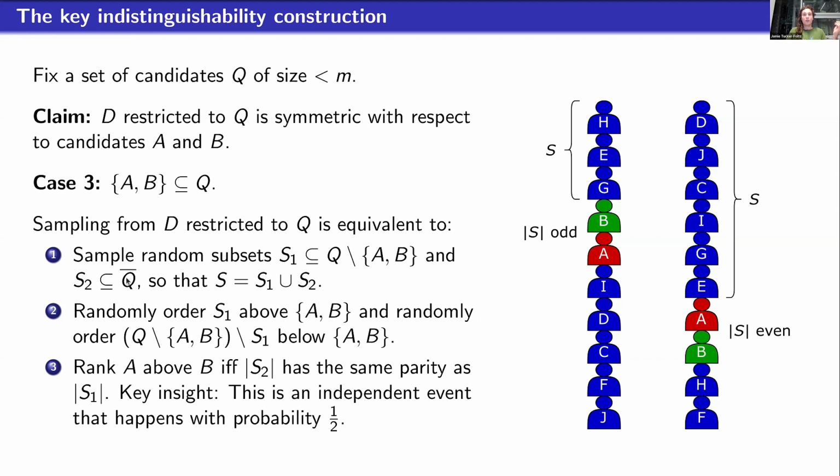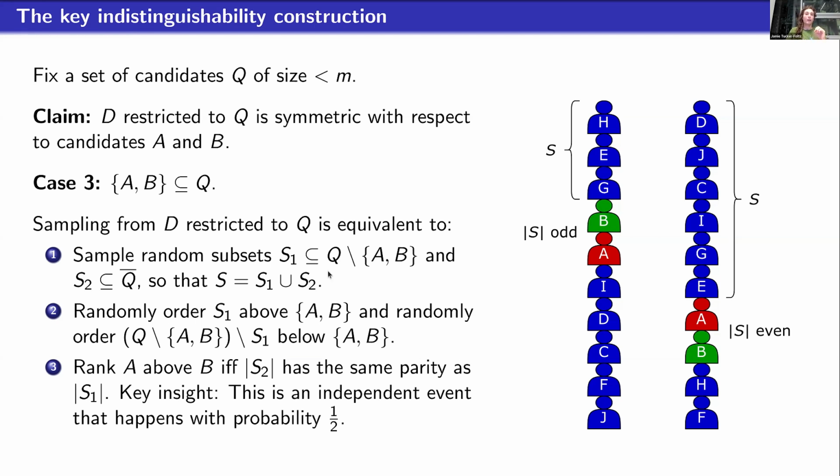Because Q complement is a non-empty set, the parity of S2 is going to be equally likely to be even or odd. And again, this algorithm hasn't used S2 yet, so it's completely independent. So the key insight is ranking A above B is an independent event that happens with probability 1/2 when Q has size less than M.